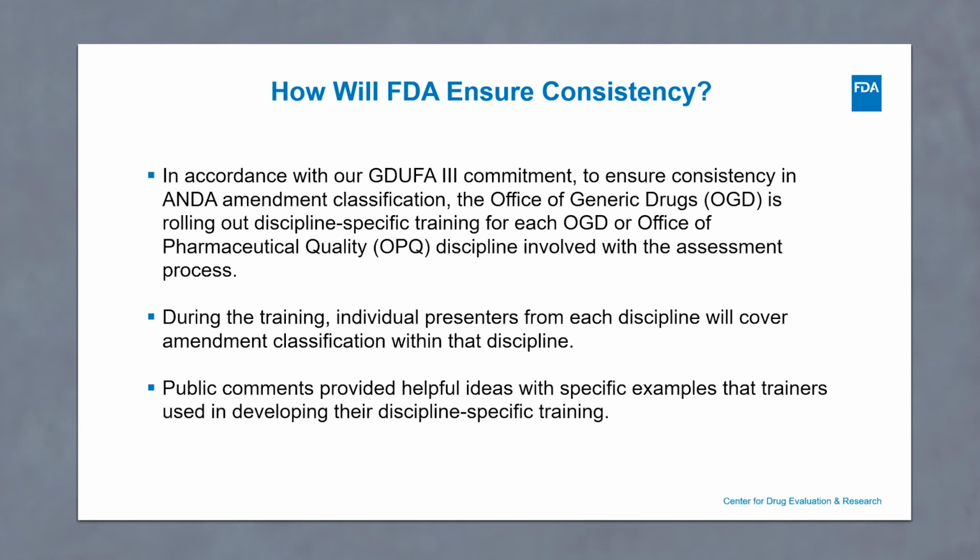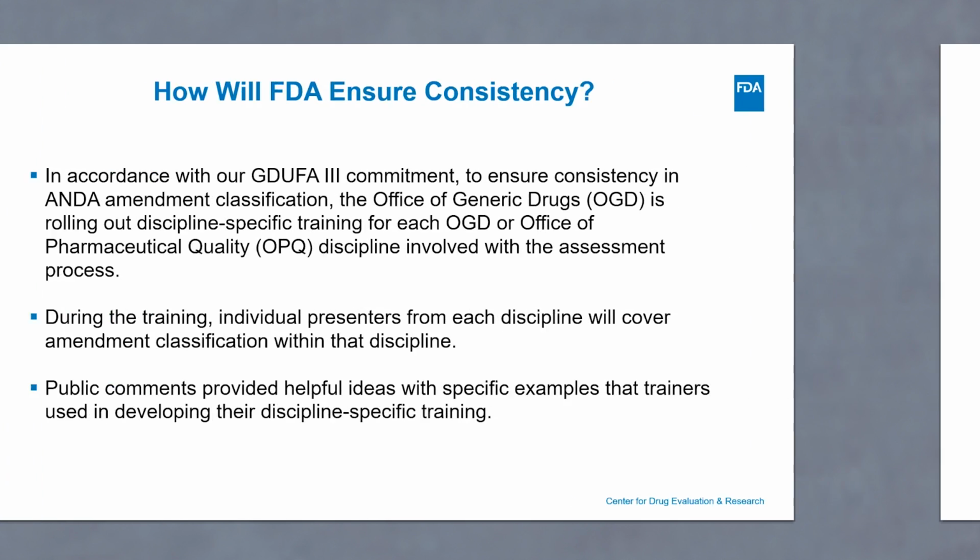During the trainings, presenters from each discipline will cover amendment classification within that discipline and review the changes made to Appendix A. Public comments provided helpful, specific examples that trainers considered for use in developing their discipline-specific trainings.